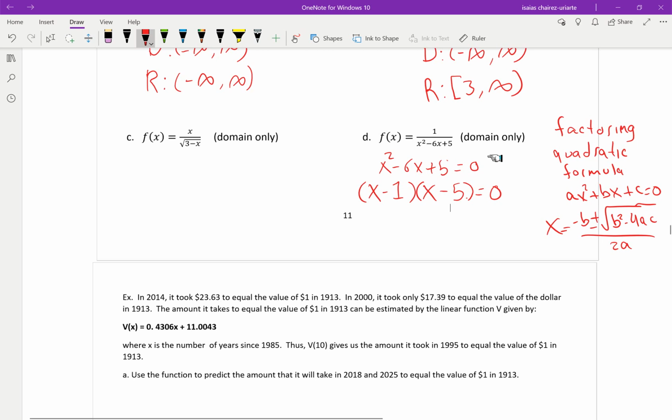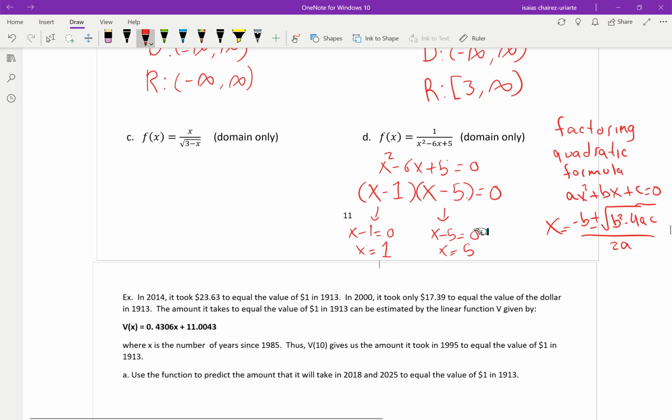And now what I have to do is set each one of my factors equal to 0. So x equals 1 and x equals 5, because I had to add a 1 and I had to add a 5.